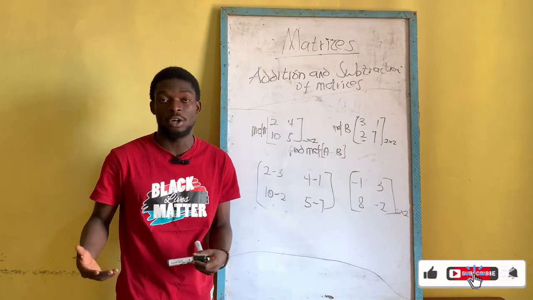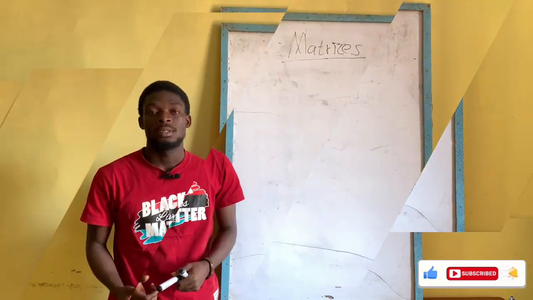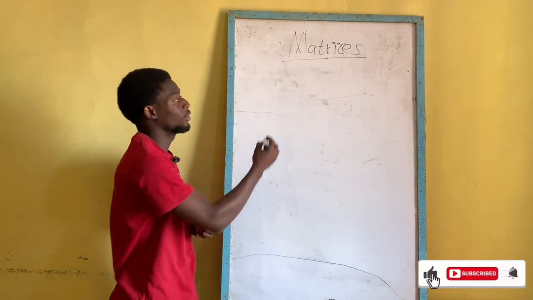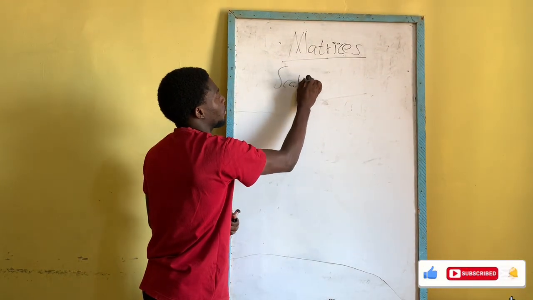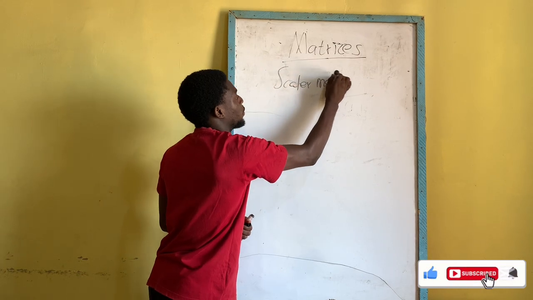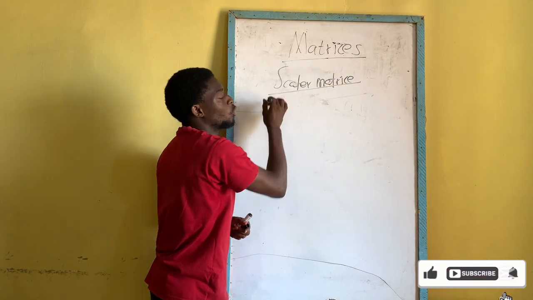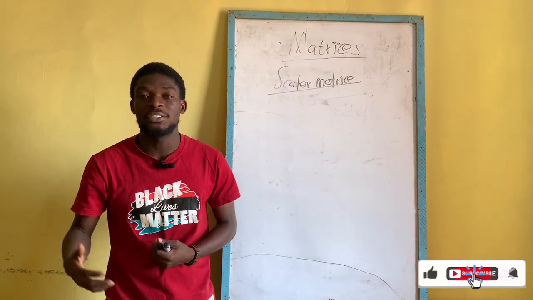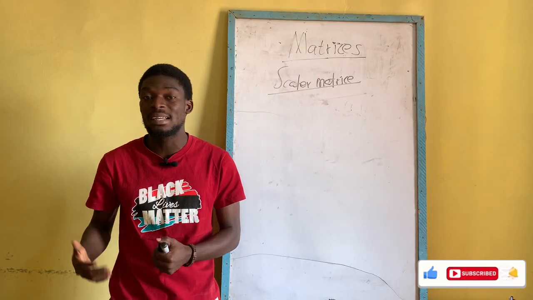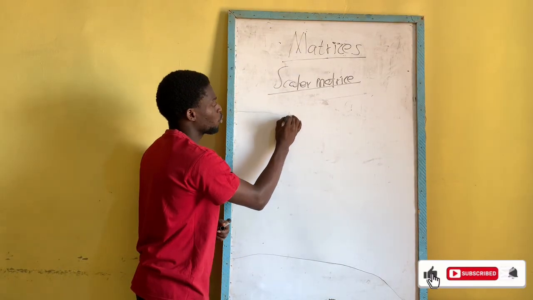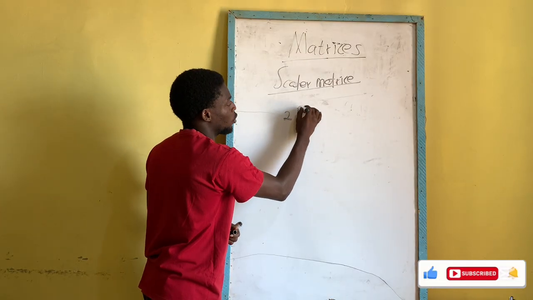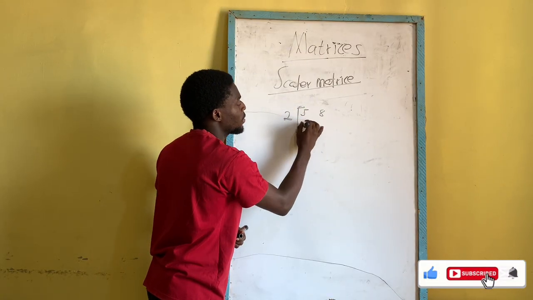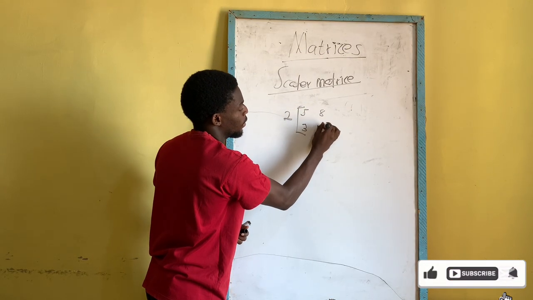We are now going to look at scalar matrix application, multiplication of matrix. Now let's look at scalar matrix. Scalar matrix is basically multiplying every element in the matrix by a single number called a scalar. So we can have 2 multiplying, let's say, 5, 8, 3, and 4.